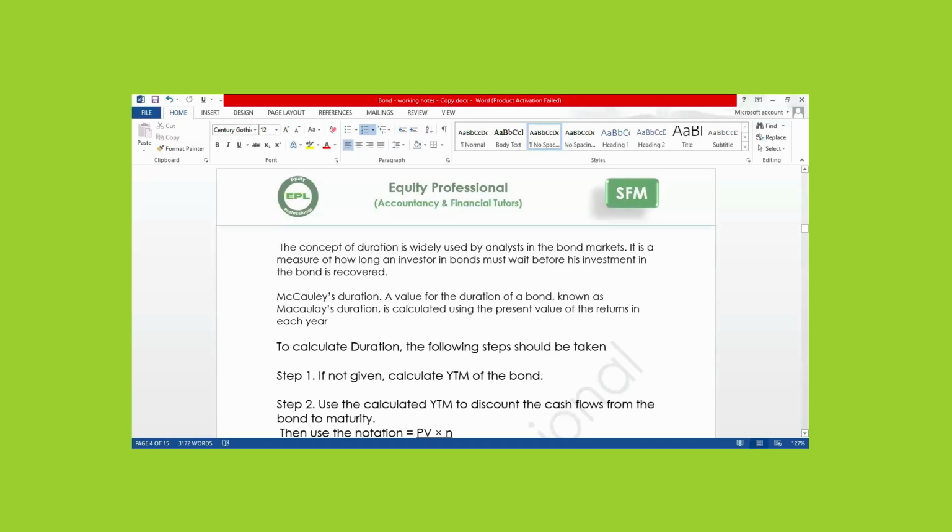Your duration shows how long an investor in a bond will wait before he can recover the amount invested in the bond. Just like your payback period.